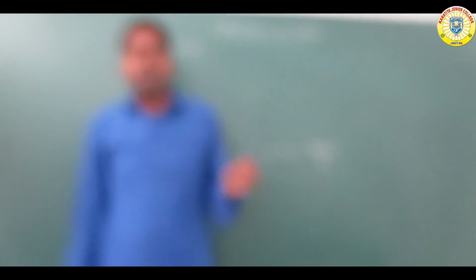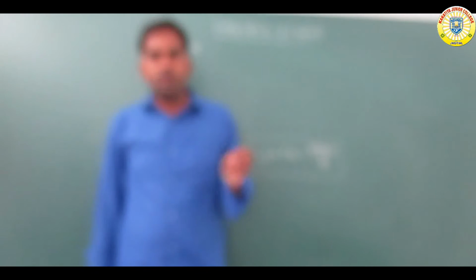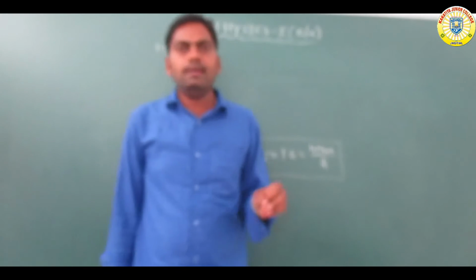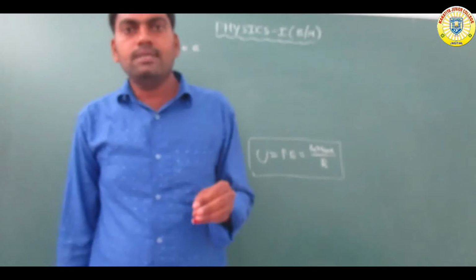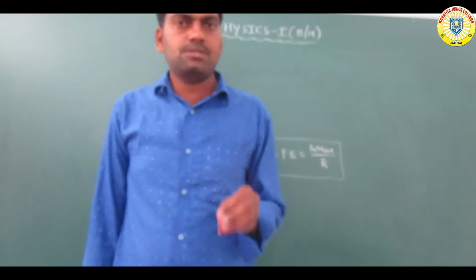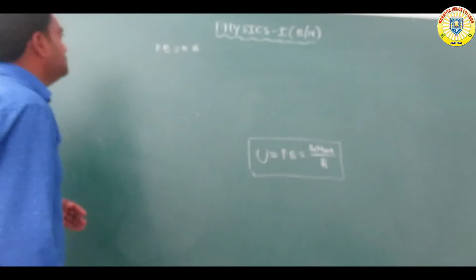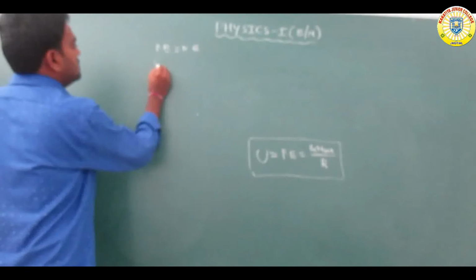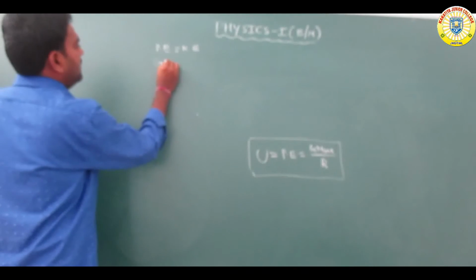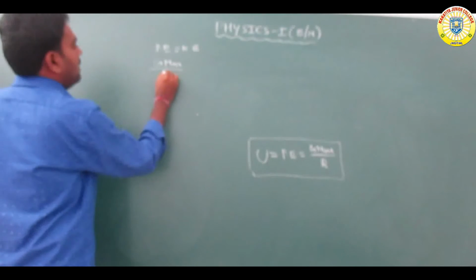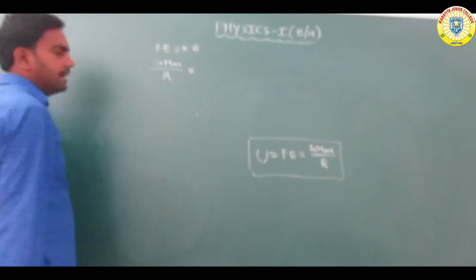What is the kinetic energy? The kinetic energy of any object, any particle, any body, we already know the equation: half m v square. So the potential energy, G capital M small m by R, is equal to the kinetic energy.